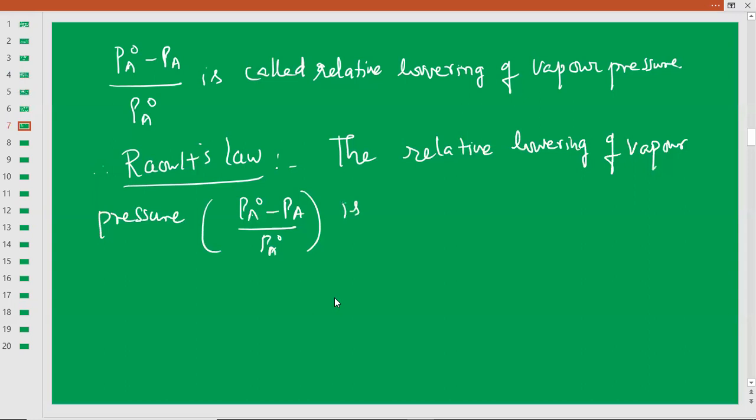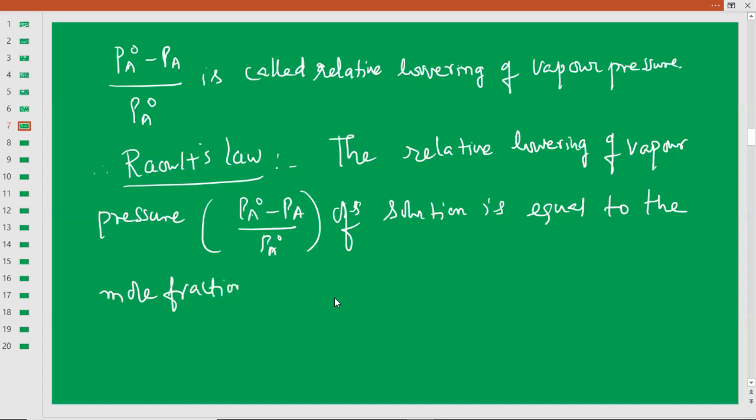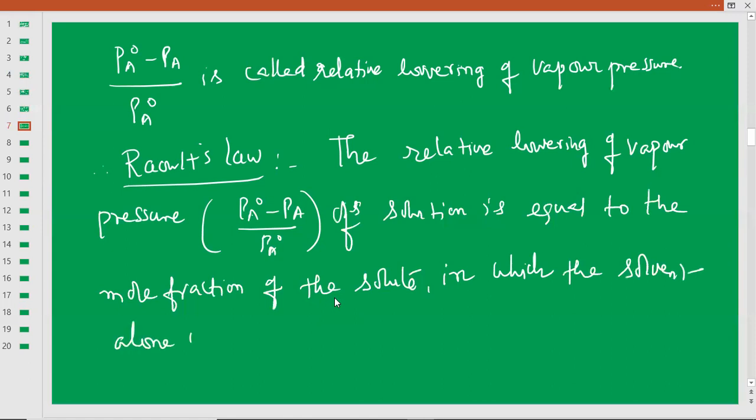Relative lowering of vapor pressure of solution is equal to the mole fraction of the solute, in which the solvent alone is volatile.